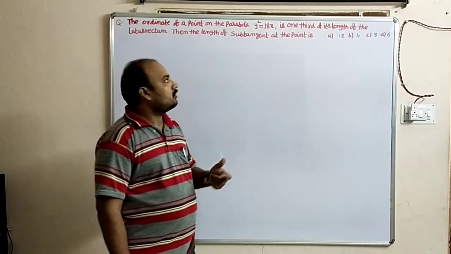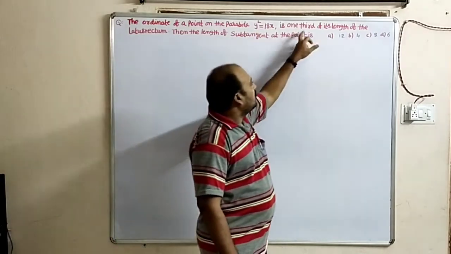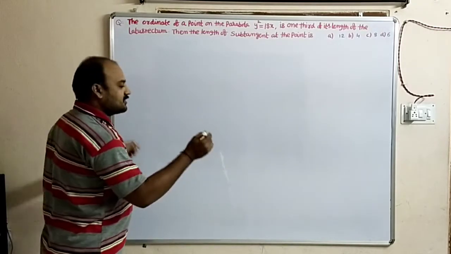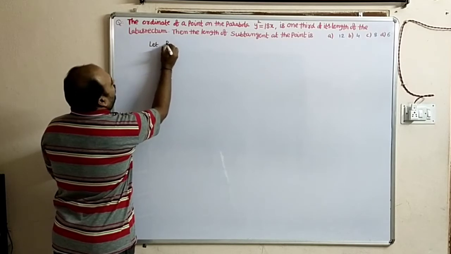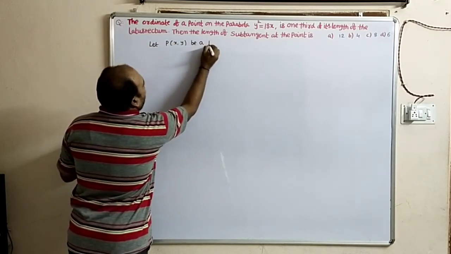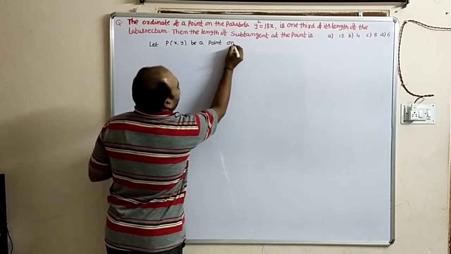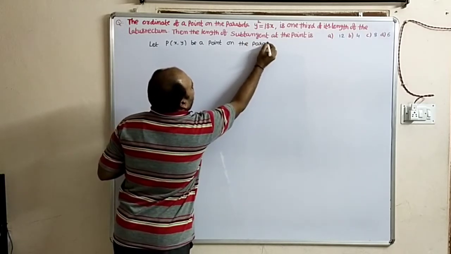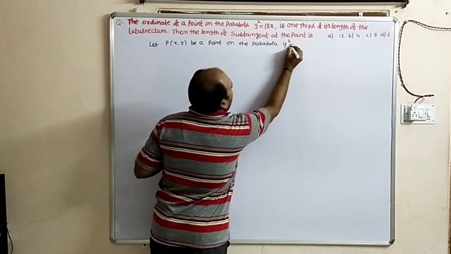So here, first let P of x comma y be a point on the parabola y square equal to 18x.